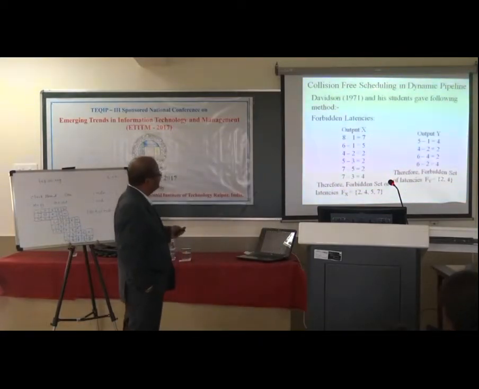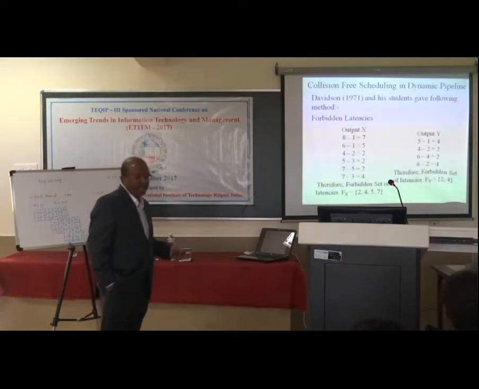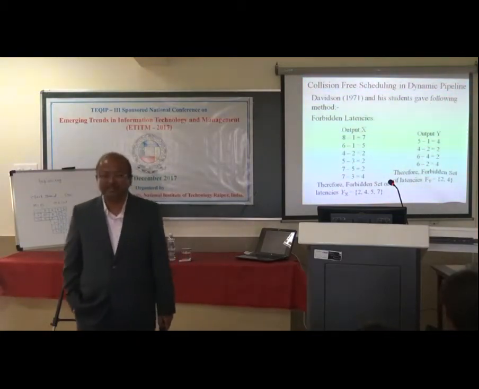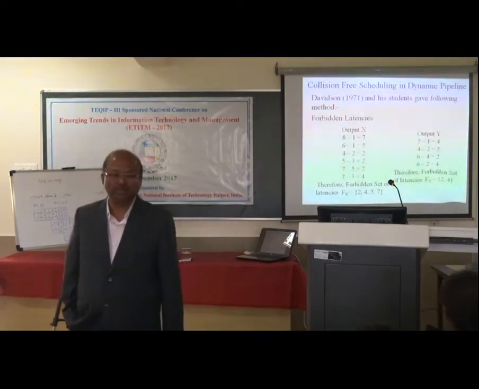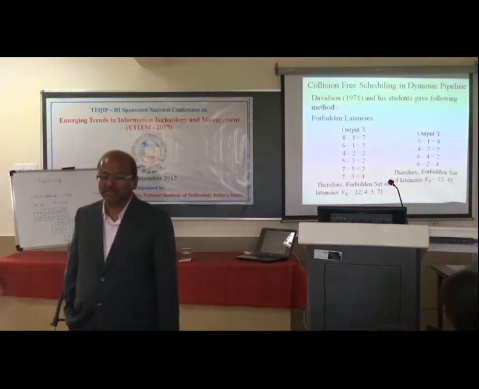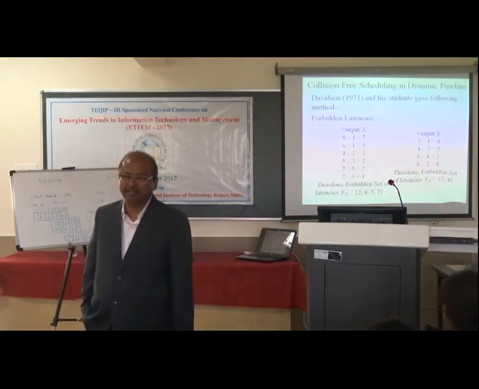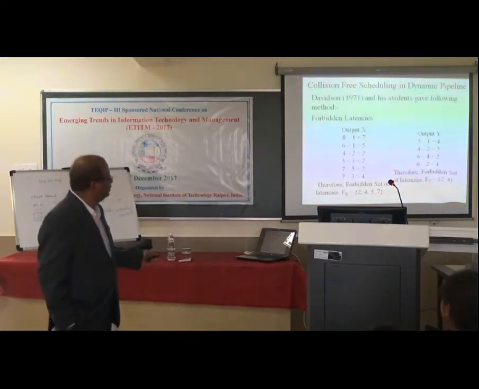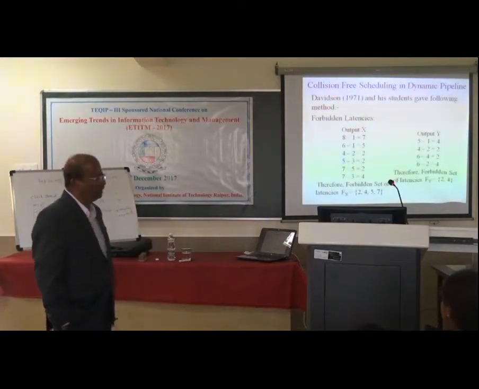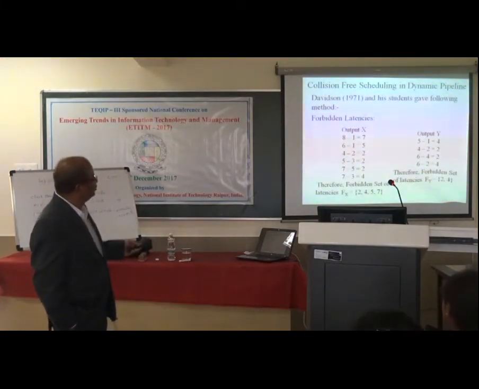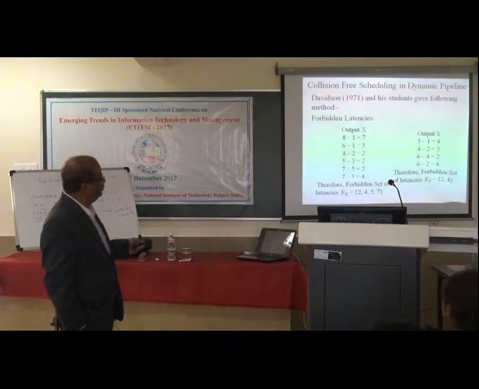So, collision-free scheduling in a dynamic pipeline. In a dynamic pipeline, it is necessary that collision should not occur. Collision must not occur for finding the correct result. And how do we ensure collision-free scheduling? Davidson and his students gave a method in the year 1971.